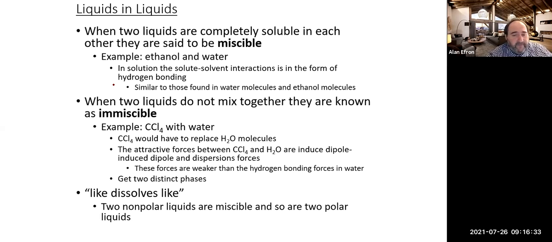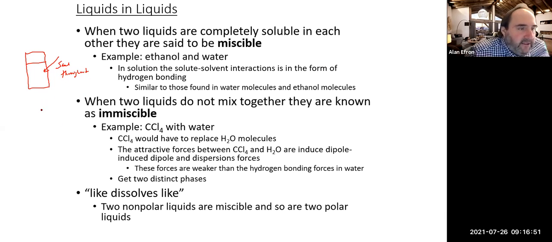It will all dissolve and really mix. So if you take a liquid that is miscible with another liquid and put them together, it will just look the same throughout. You really won't see any distinction between the different liquids. It'll look like there's one liquid in there.